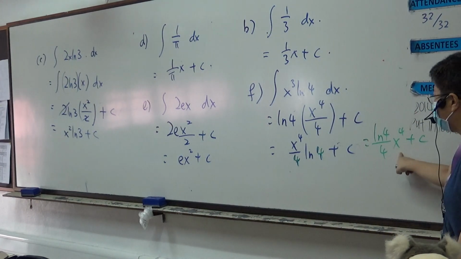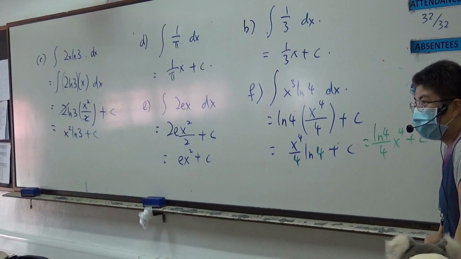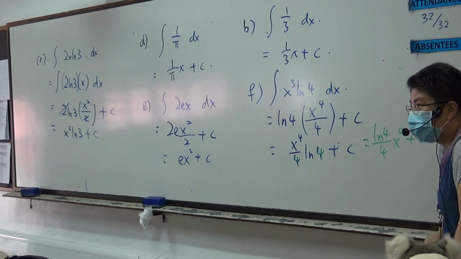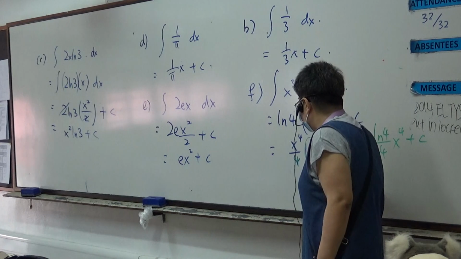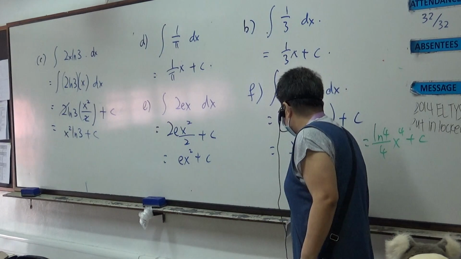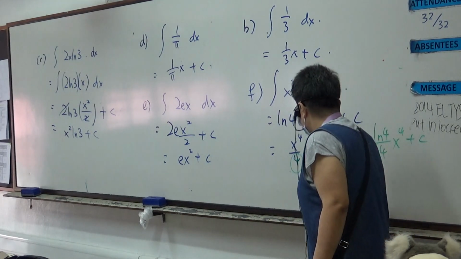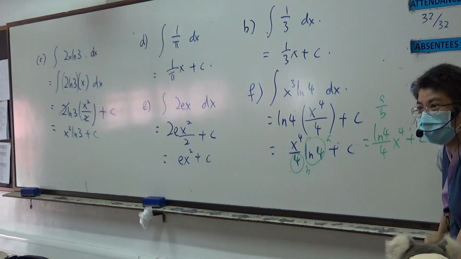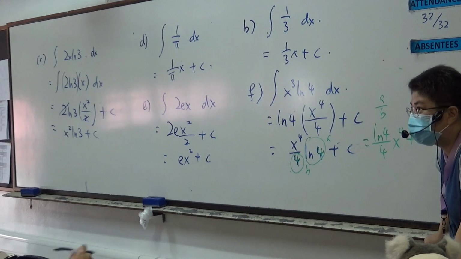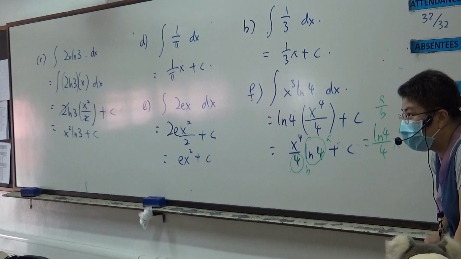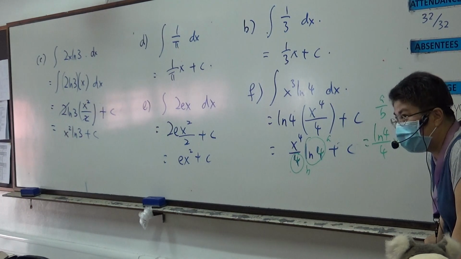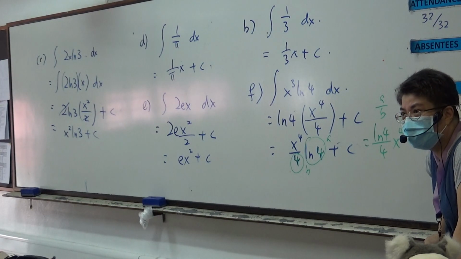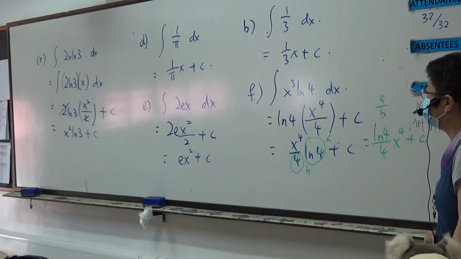Then I x, then plus c, same. Don't you agree this is a constant? This is also a constant, right? If this is A and this is B, isn't this A over B? Agree, class? Understand what I'm saying? Any problem? No problem, okay, good.